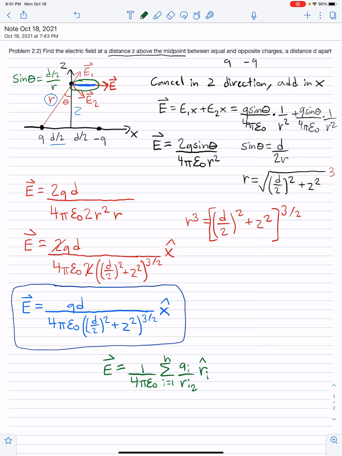We want to use that for our r hat. So that's why we can say that we have q times, for our r hat, our sine theta over 4 pi epsilon naught, and then times 1 over r squared.